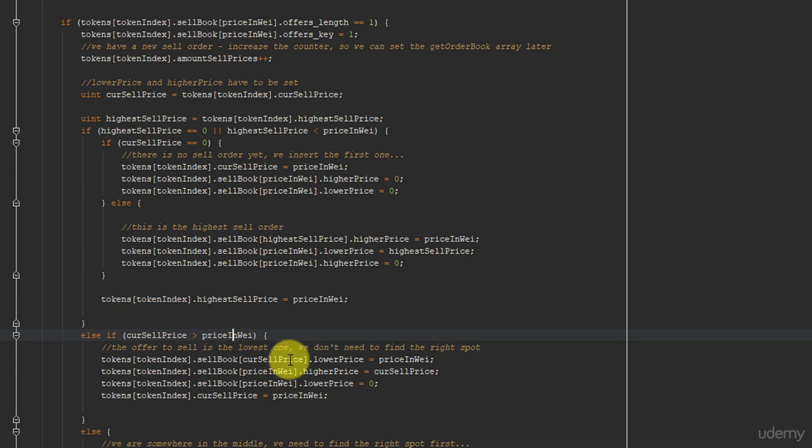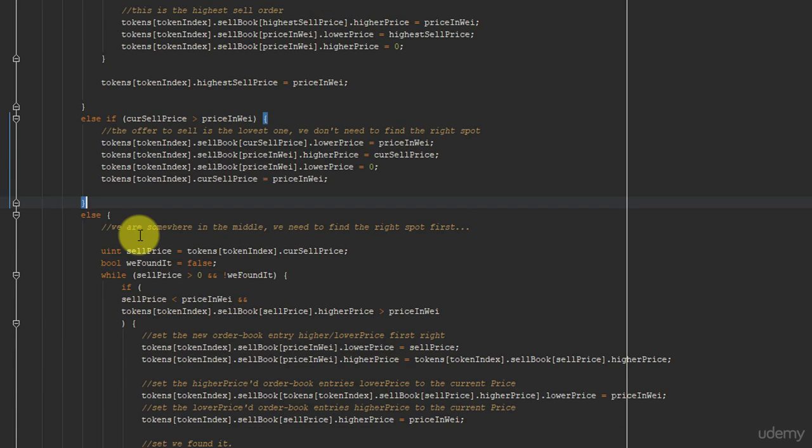We set the current sell price's lower price to the price that we want, because we have one new element at the beginning of our linked list, and our own entry's higher price is the current sell price. The lower price again is 0 because there is no lower price at the moment. And additionally, our current sell price, so the lowest price in our sell book, is our current price in wei that we want from someone who wants to buy the tokens from us.